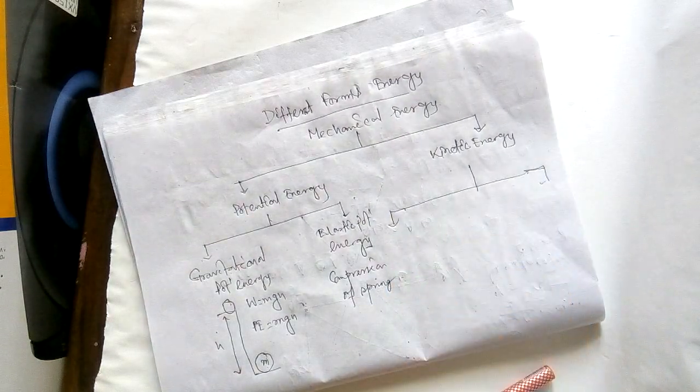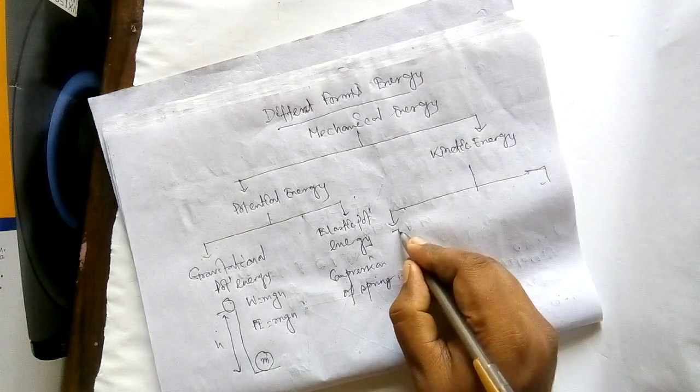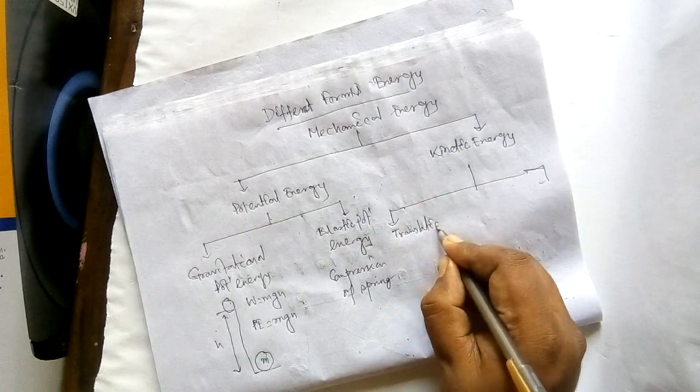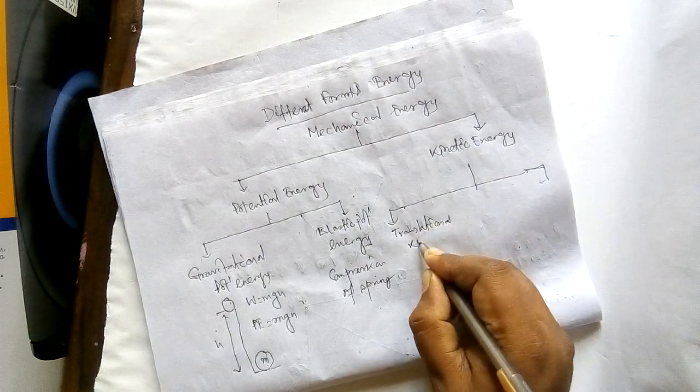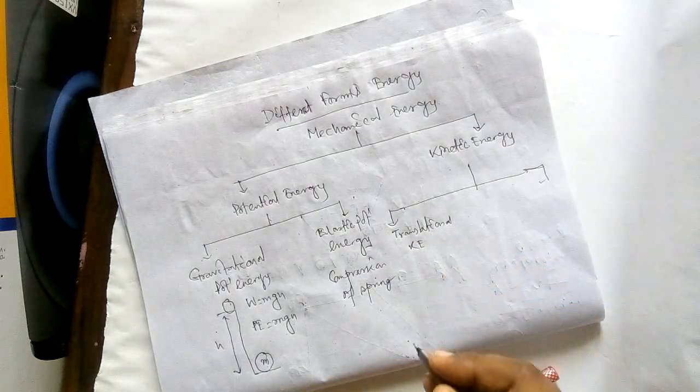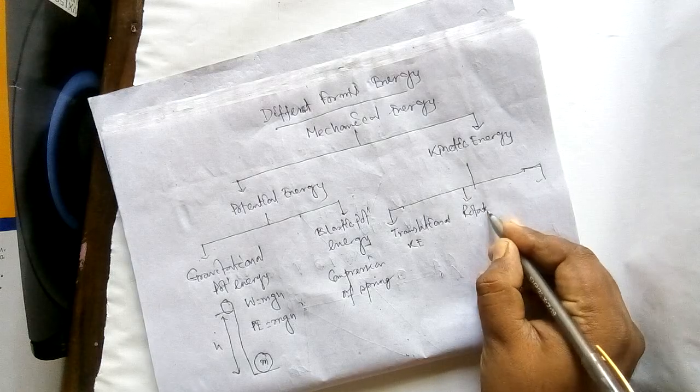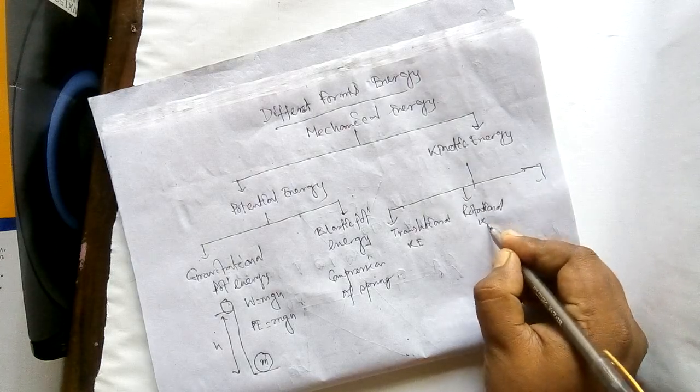Due to translational motion, if the body moves in a straight path, then the kinetic energy possessed is called translational kinetic energy. Number two, if the body rotates, that is known as rotational kinetic energy.